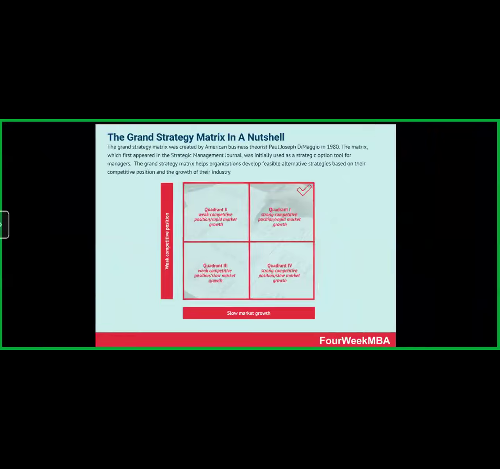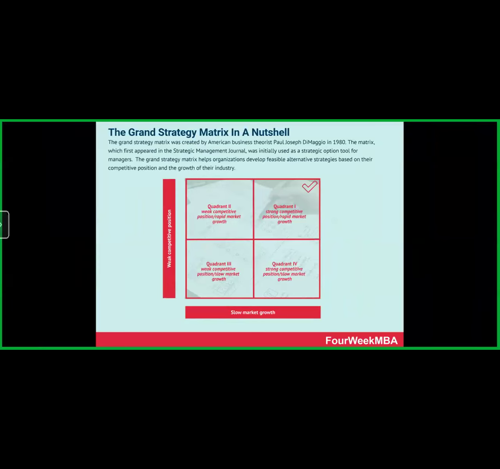Because it is not only studying the present position of the organization, but the future position of the organization, as well as including the analysis of the industry of that particular organization, the present state of the industry and the future of that industry also. And that is related to the grand strategy matrix.